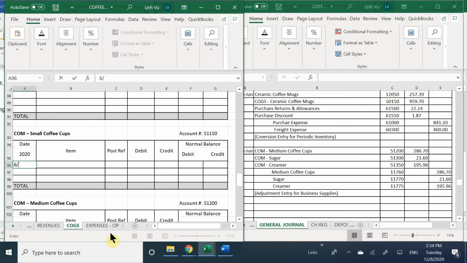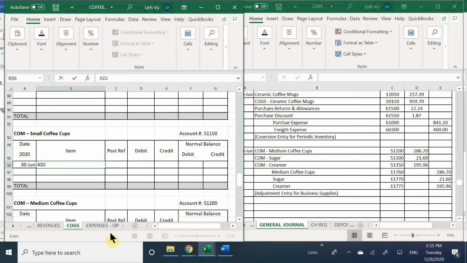And then again, would you put still the adjustment entry? Yes, you could do adjustment. So I put ADJ just so that it's adjustment.